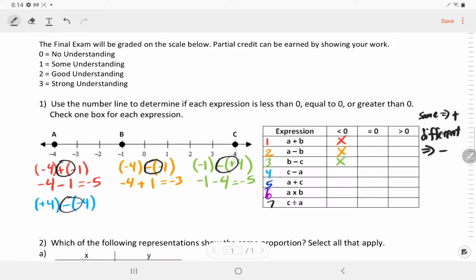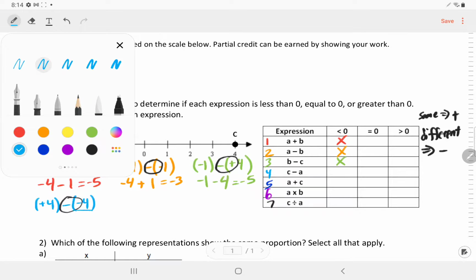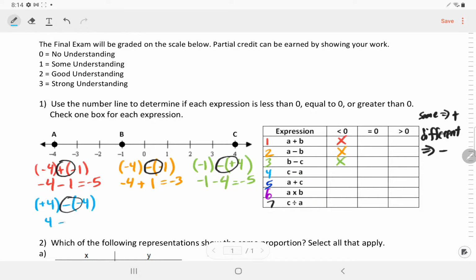Minus, negative. Those signs are the same. So we are doing an addition problem. So 4 plus 4. 4 plus 4 is 8. Start at 0, go to 4, and then add another 4. And you'll get 8. So 8 is greater than 0.